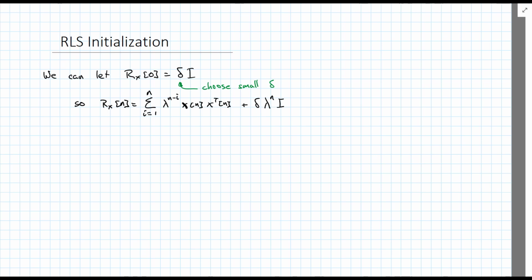And so this delta lambda to the n is going to cause this term to disappear fairly rapidly as n grows. And if delta was small to begin with, then we're fine.